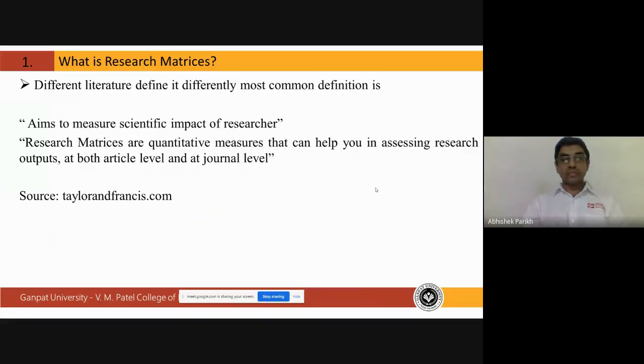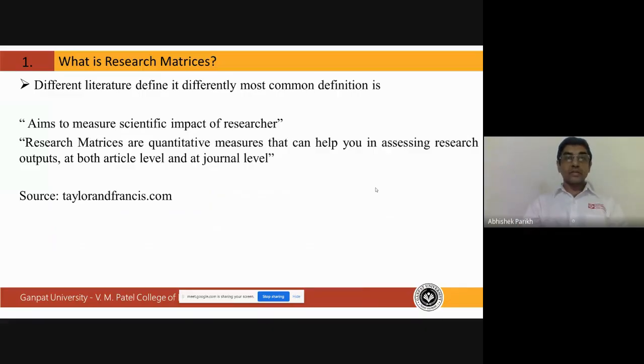Let me give you one simple example. If we talk about satisfaction as a variable, it's a qualitative variable. But when we want to do any research, we must quantify it to connect it with any other variable. Similarly, when we talk about qualitative research, we are unable to define which one is better, and we are unable to rank research.